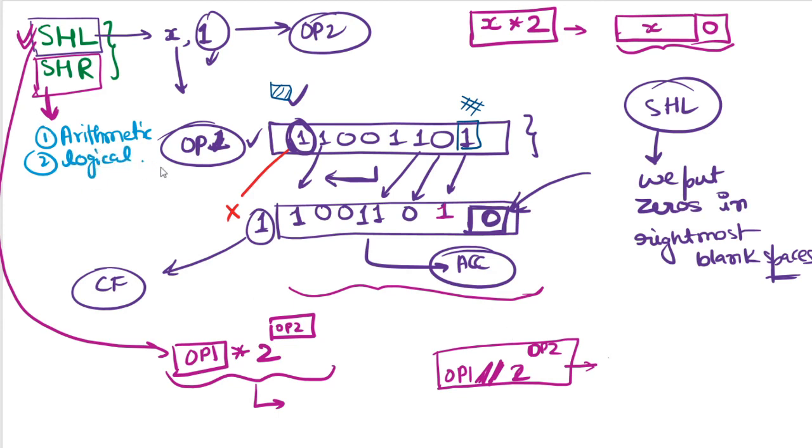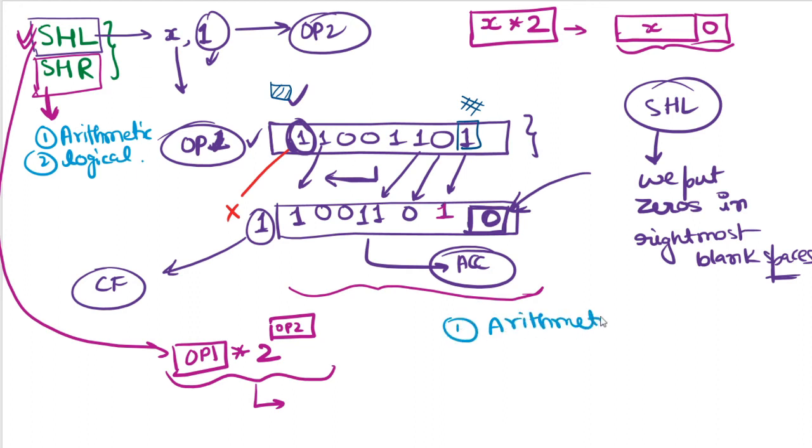In arithmetic shift right, the value will be considered as a signed value, which means the most significant bit will be the sign.